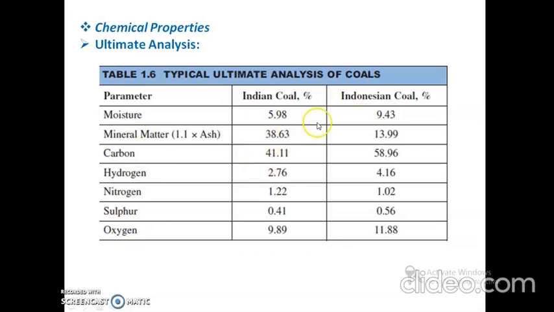In this table, the Indian coal is compared with the Indonesian coal, and you can observe that the moisture content in Indonesian coal is high. The ash content is of course high in Indian coal. Carbon is 41%, and in Indonesian coal it is 58%. Hydrogen is high in Indonesian coal. Then nitrogen, sulfur, and oxygen you can also observe here.